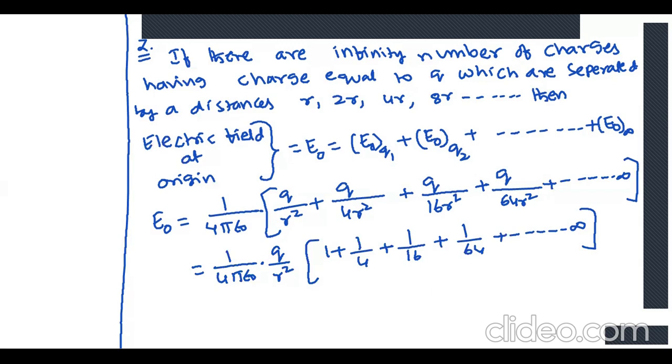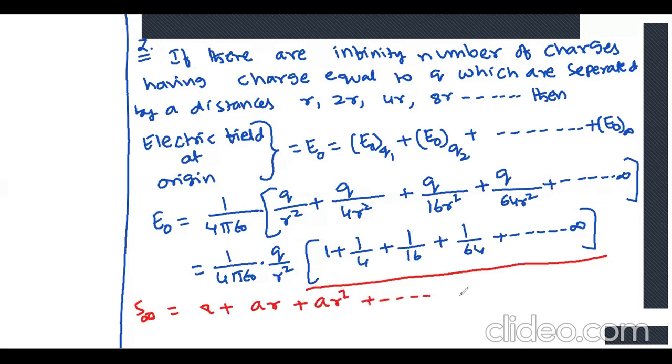See here, S infinity up to infinity means geometric progression. S infinity means a plus ar plus ar square and so on to infinity.